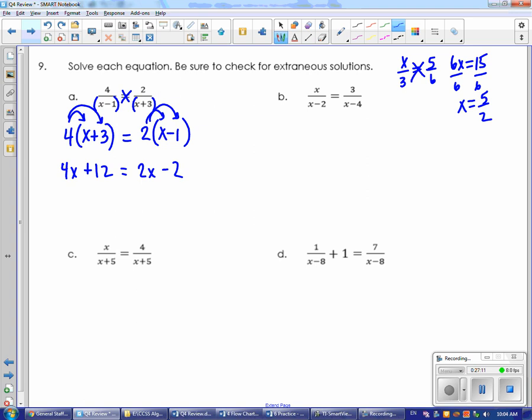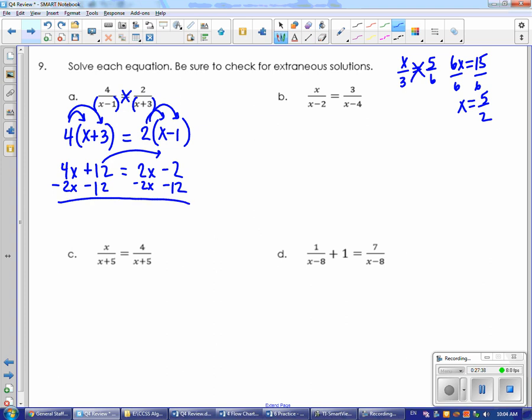Now, I can see that this is a linear equation because my x is not raised to any power, and I've got everything on a single line. So if it's at all possible, I want to gather my x's on one side of the equal sign and my numbers on the other. So I'm going to subtract the 2x from both sides. At the same time, because I want to move the 12 over here, I'm going to subtract the 12 from the left-hand side.